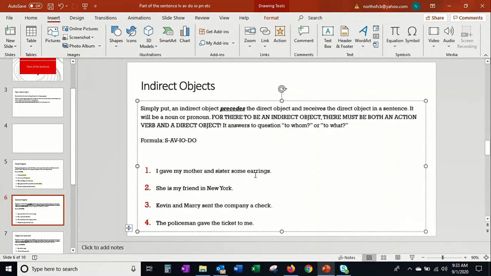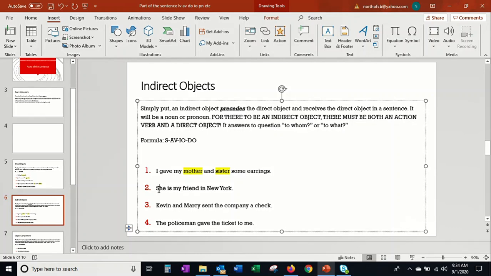I gave the earrings, let's pass the ball backwards, to mother and sister. So these are our indirect objects. They receive the direct object. Another way you could think about it: who or what receives the direct object? So if earrings is our direct object, I gave what? Earrings. Who received them? Sister and mother. They are our indirect objects.